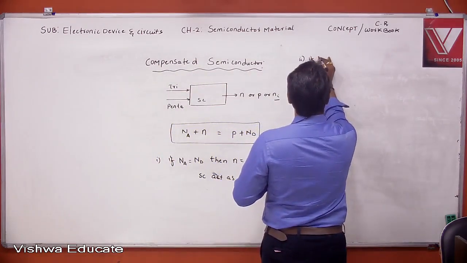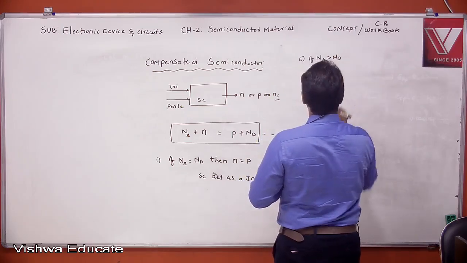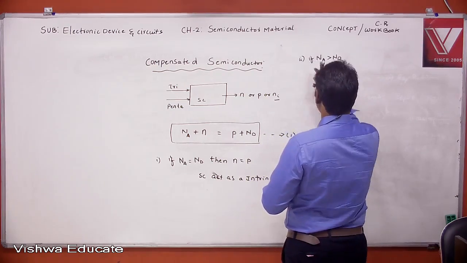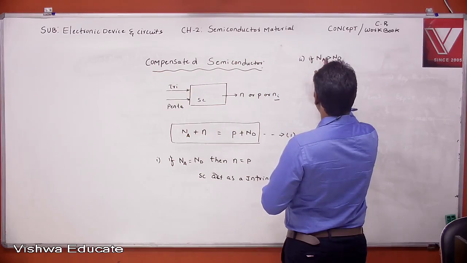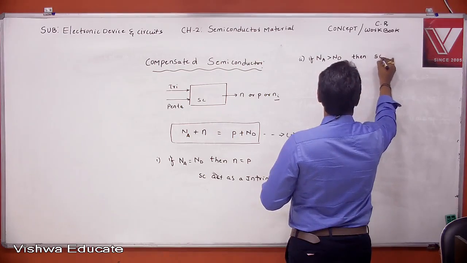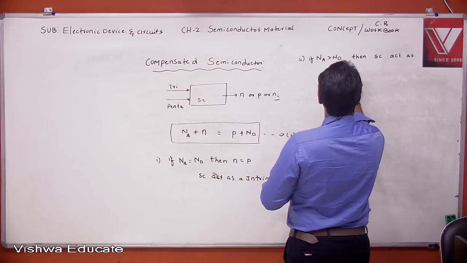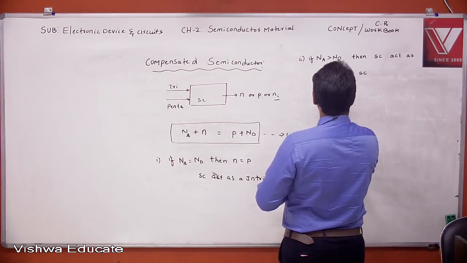See here, if the acceptor concentration is greater than the donor concentration, meaning we are doping with both acceptor and donor but Na is greater than Nd, then the semiconductor acts as a P-type semiconductor. And what will be the net impurity concentration?